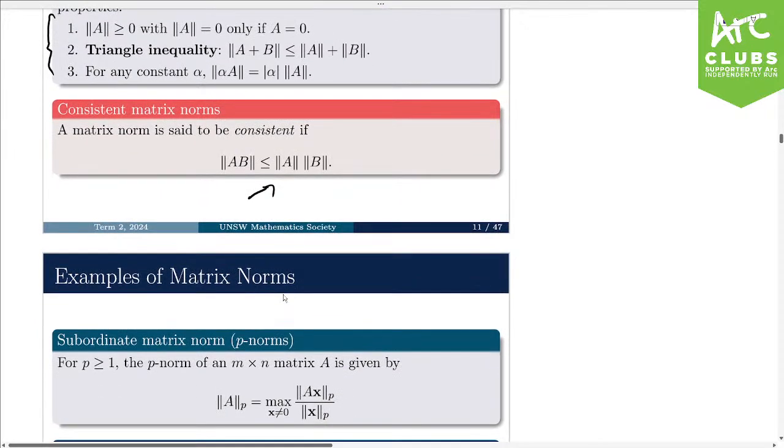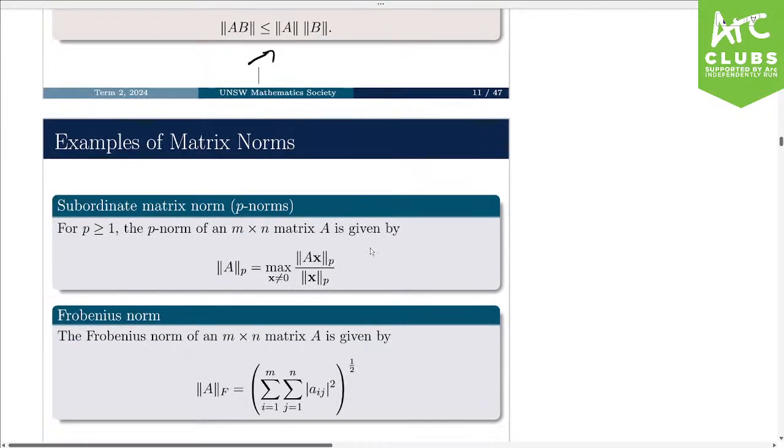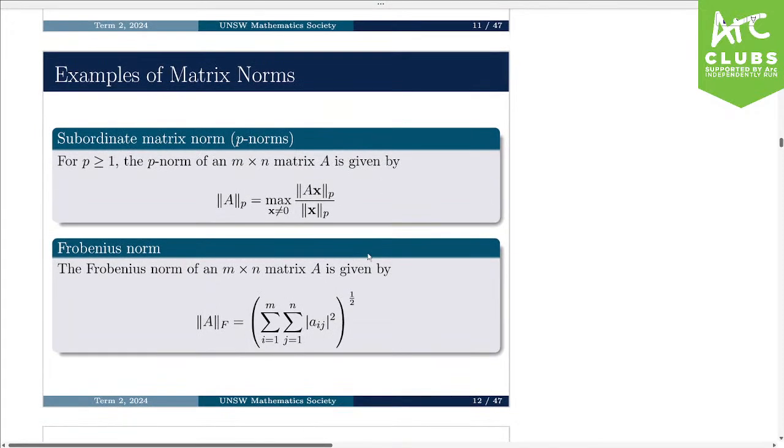But in practice for the course, there's only a few matrix norms that are actually important. So the two general classes are the P norms, which are defined like this, and the Frobenius norm, which is like squaring every entry in the matrix, summing them, and then taking the square root. So treating the matrix as a vector with m by n elements, and then taking the 2 norm of that.